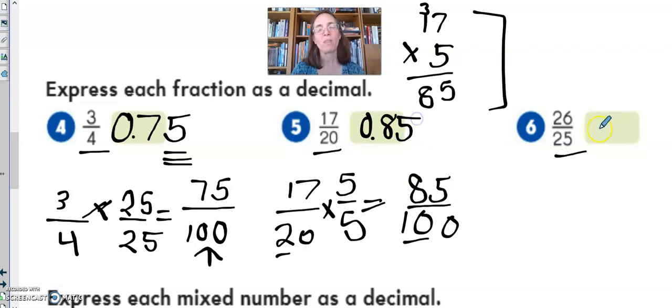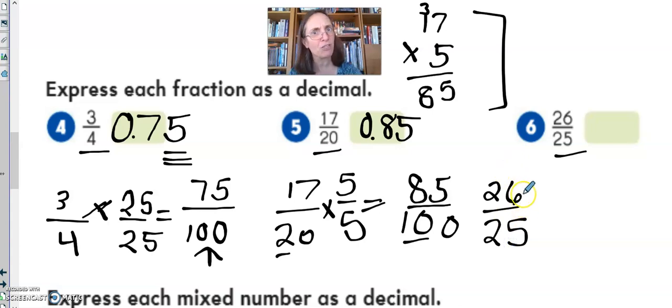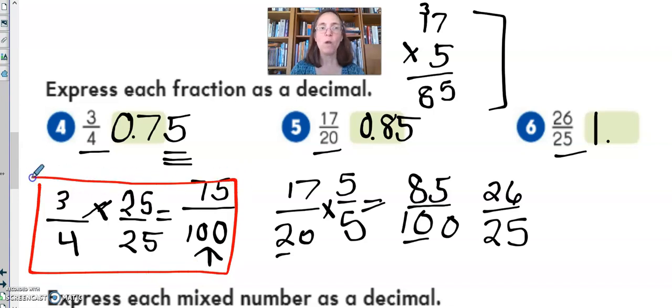And what about over here? 26 25ths. Well, first of all, I'm noticing as I write this down that this is an improper fraction. So I'm predicting right now that I'm going to have a 1. Let's see if I'm right. Now, I'm also thinking about this problem over here when we saw that there were 4 25s in 100, 4 groups of 25.